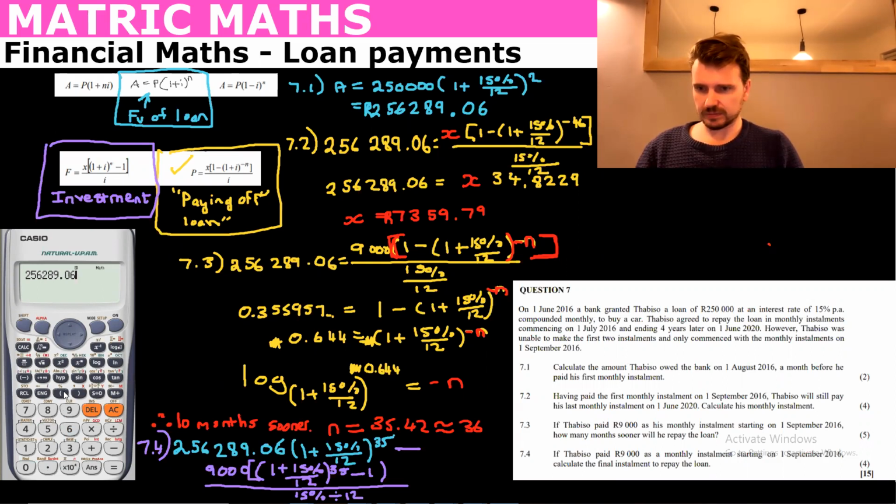So that's 256,289.06, open brackets, 1 plus, and then we've got our 15%, which was still the interest over 12. So the value of the loan in 35 months will be $395,873.2753.